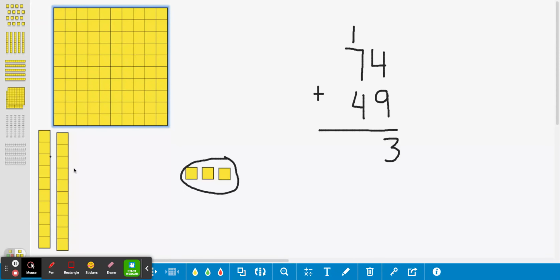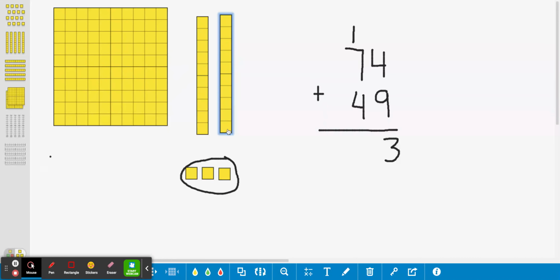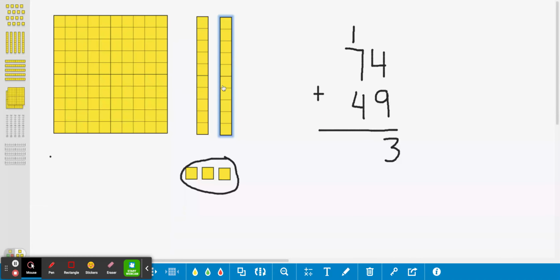So now I'm going to arrange things here so we can see it like we normally see it. So I have my 2 tens that are left over. That goes in my tens place, just like I had my ones down here. I have 2 extra 10s here. They didn't go into this new 100. So I'm going to write my 2 tens down here.